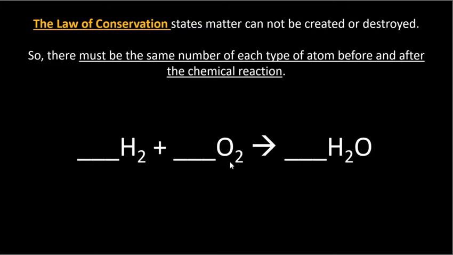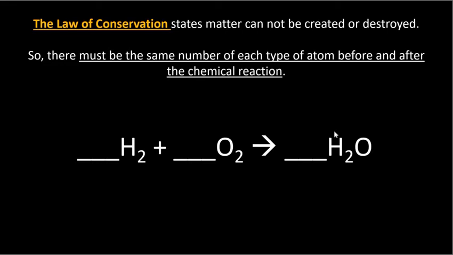Now, when I come to oxygen, you see on the left side there are only two, and when I go to the right side, there is only one. Now, I can't put a 2 down on the right side of the oxygen, otherwise I have hydrogen peroxide instead of water.